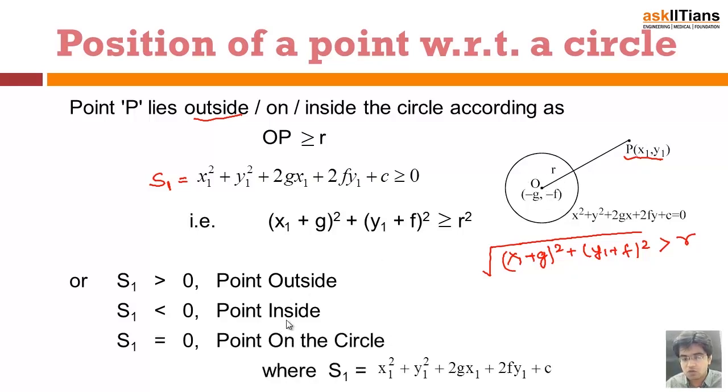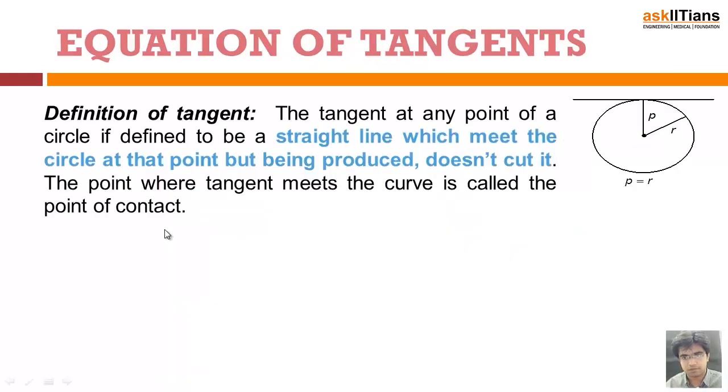If S1 is equal to 0, then the point lies on the circle. And again, our general S1, as I have already told you, is nothing but x1 square plus y1 square plus 2gx1 plus 2fy1 plus c. So these are the cases to find out the position of a point with respect to a circle.